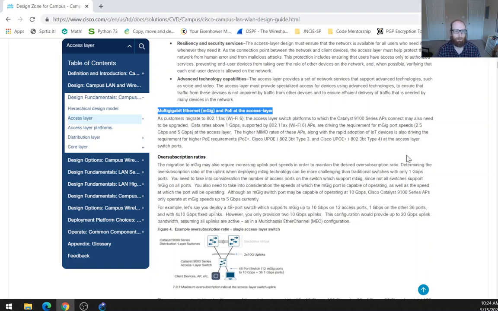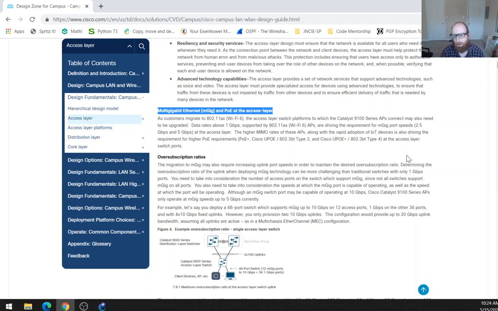Alright, as customers migrate to 802.11ax Wi-Fi 6, the access layer switch platforms to which the Catalyst 9100 series access points connect may also need to be upgraded. Data rates above 1 gigabit per second supported by 802.11ax Wi-Fi 6 APs are driving the requirement for multi-gigabit port speeds, 2.5 gigabits per second and 5 gigabits per second at the access layer.